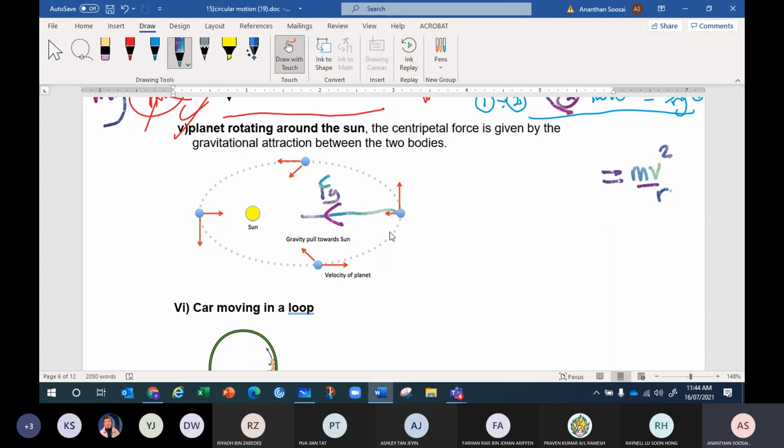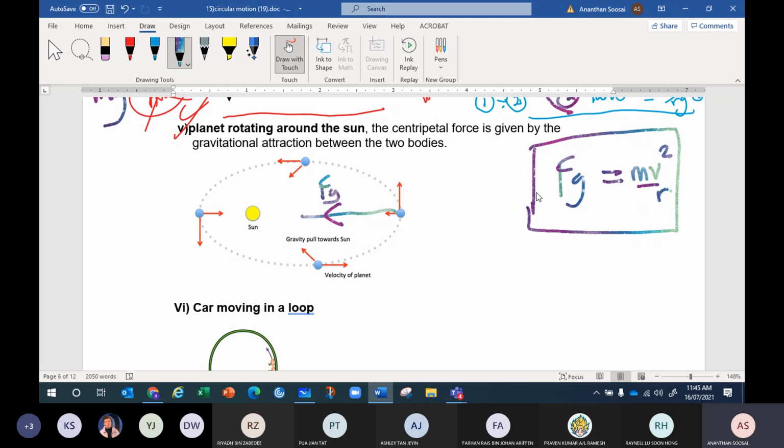Okay, you don't have thrust. You don't have weight. Actually Fg is the weight, but don't put it down as weight. For the Earth, the gravitational force acts toward the sun. This is the weight of the Earth sideways. So Fg is the centripetal force for Earth.